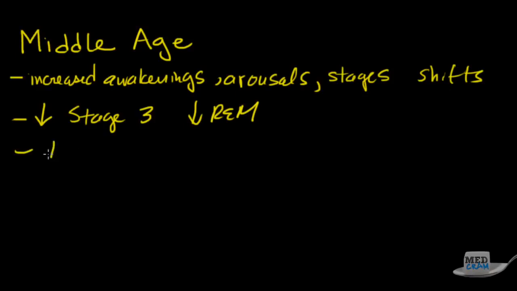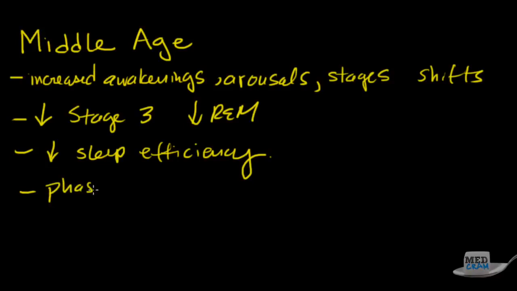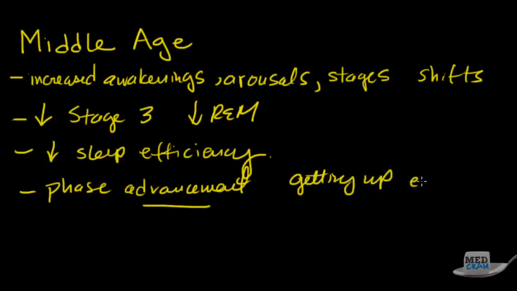As I mentioned before, you get a decrease in sleep efficiency. And as you reach middle age, there is more of what we call a phase advancement. What do I mean by phase advancement? With phase advancement, you're going to be getting up earlier. So basically getting up from bed earlier and going to bed earlier.